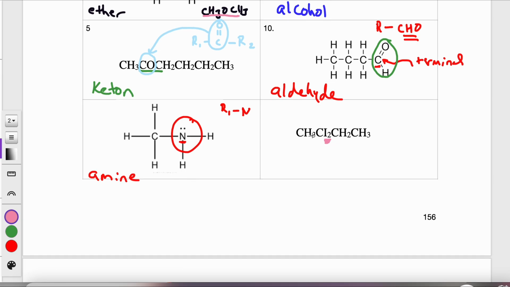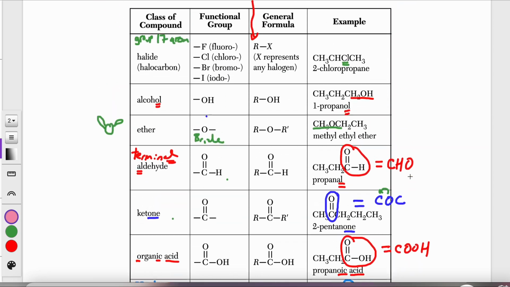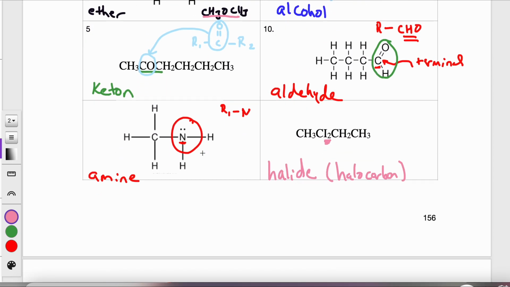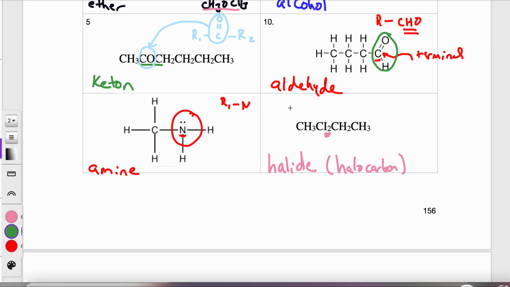So I'm going to use words right from table R. So I can refer to this as a halide or a halocarbon. And I need to figure out what do I actually circle for the quote-unquote functional group. So when I go back up and I take a look, this is the functional group. So I just circle that halide's symbol. So down here, I'm going to circle just the I because that's the functional group.